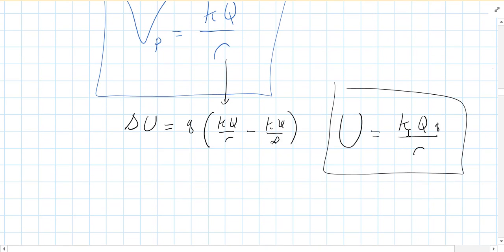But the form of the equation is the same. You have a constant out front. Instead of big G, it's K. Instead of two masses, now you have two charges, and we divide it by R again. So if you have 2 point charges and you're trying to find the potential energy of the two of them combined, it's just this.